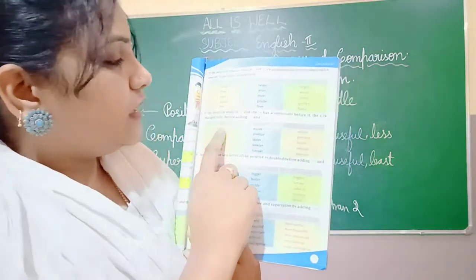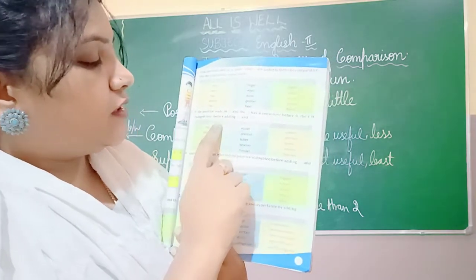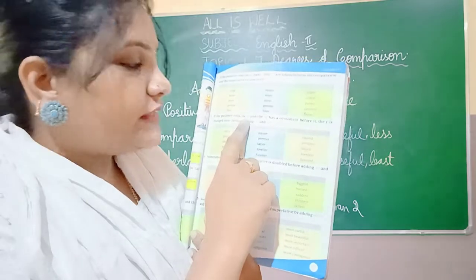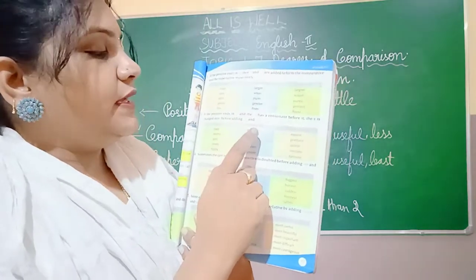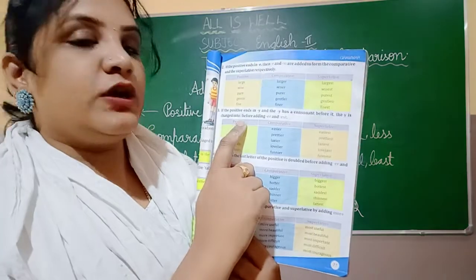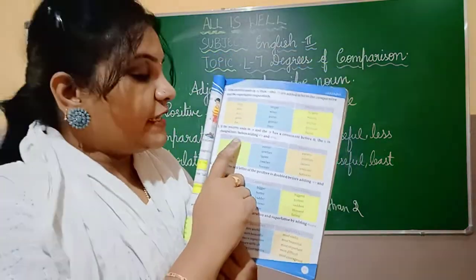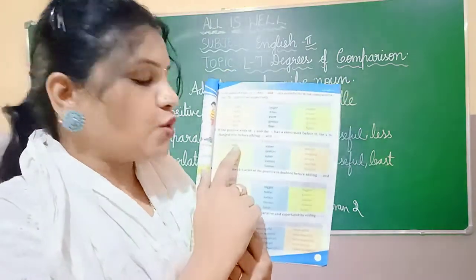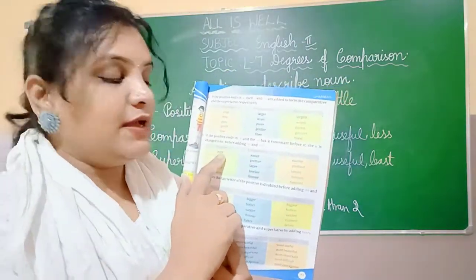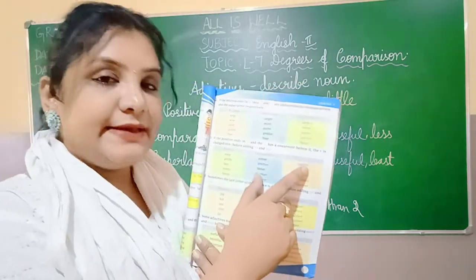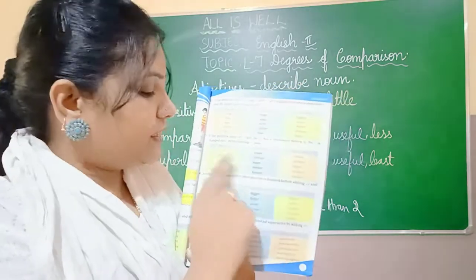Okay? And for some positive degrees which end with y, for them also we add er and est. Whatever the y is here, we'll change this y to i. Okay, we change all the y's to i, and then we add er to a comparative degree and est to the superlative degree.